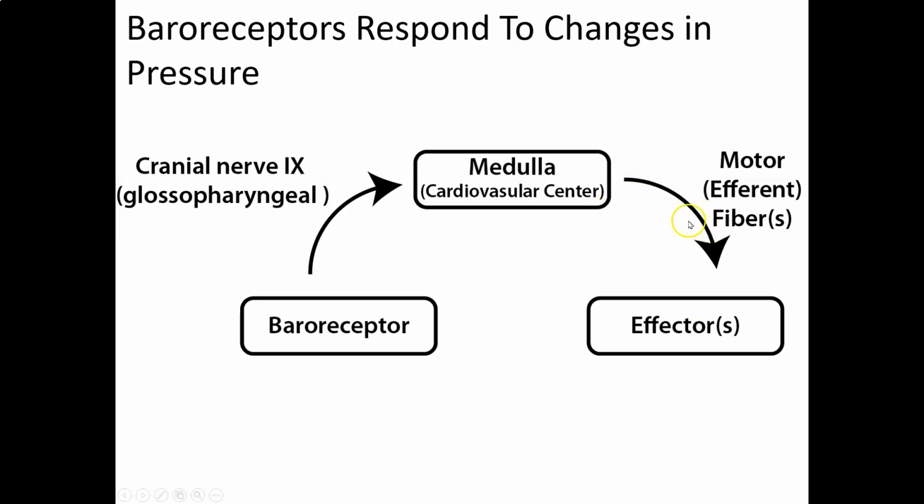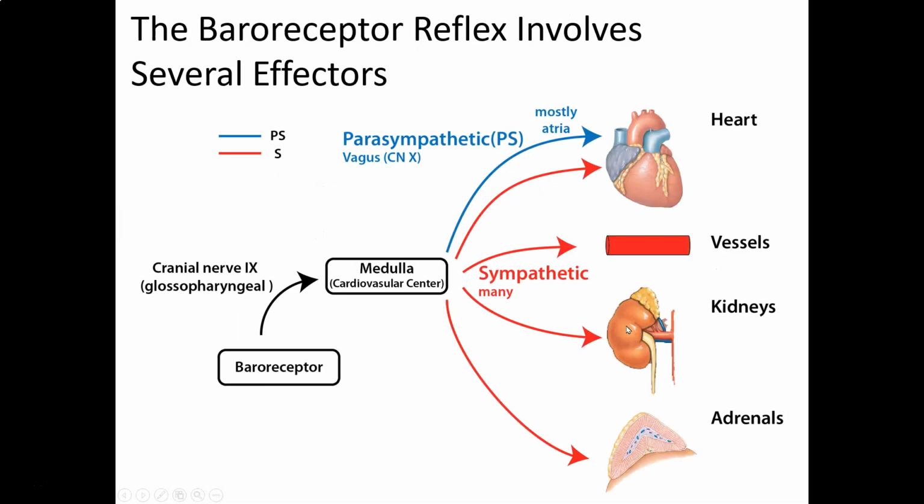We're going to look at the efferent fibers. This is primarily an autonomic function, so we'll talk about the sympathetic and parasympathetic, and the effectors would be theoretically anything that could help us change the blood pressure. So we'll look at that a little more specifically.